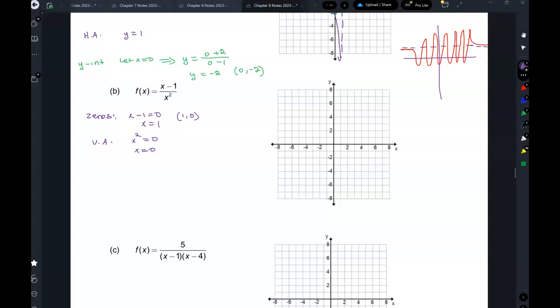Technically x squared is x times x, so x equals 0, it's the same. Horizontal asymptote: compare the numerator's degree and the denominator's degree. Higher degree on the bottom means the horizontal asymptote is y equals 0.